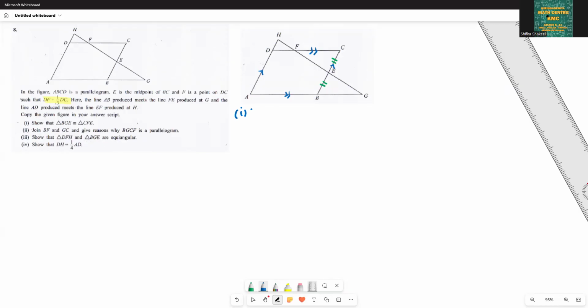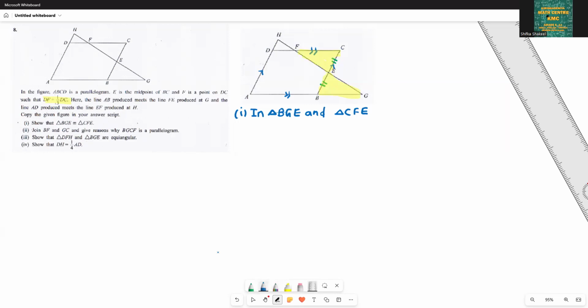There are 4 cases of congruency: side, side, side; side, angle, side; angle, angle, side; and RHS. The RHS case is only applicable for right angle triangles. So they are asking you to prove these two triangles congruent.